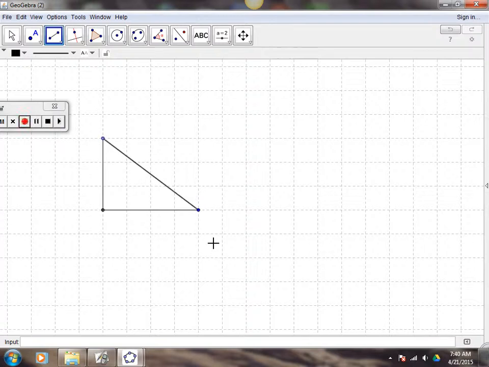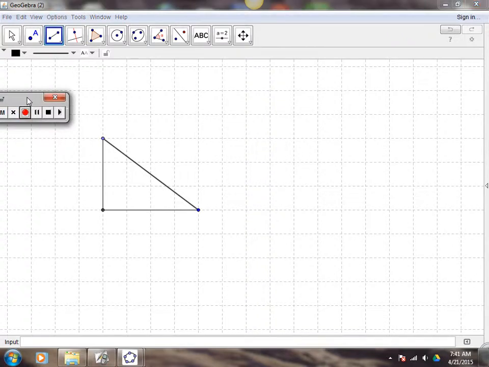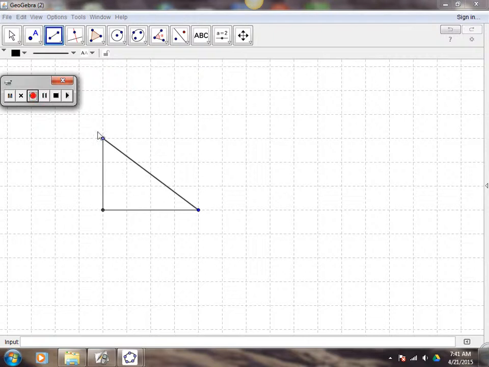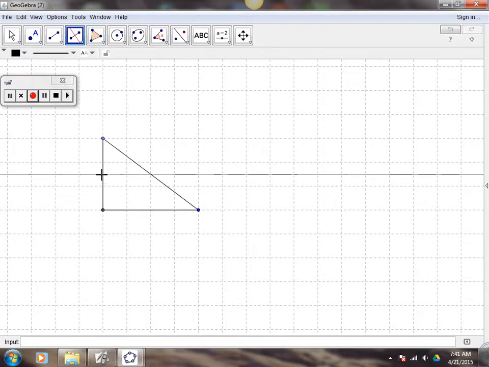Okay, now if I want to circumscribe a circle, I need to find the circumcenter. And the circumcenter is, you take this line and you do perpendicular bisector. So perpendicular bisector, that's this guy. So I cut this line in half at a 90. There we go. Then I cut this line in half at a 90. And then I cut the hypotenuse. You cut all three of them in half at a 90.